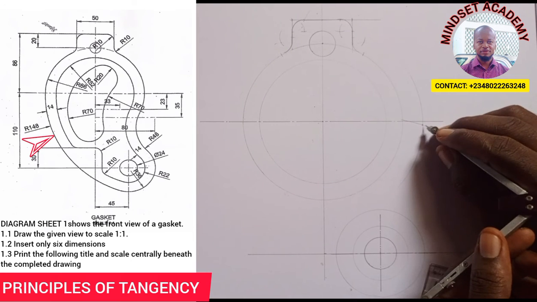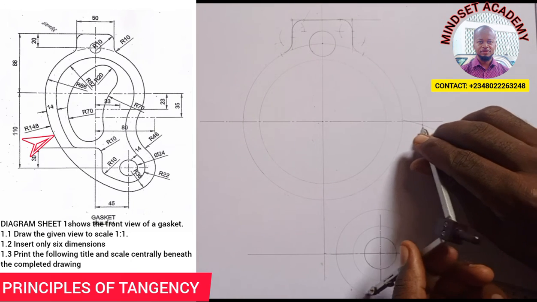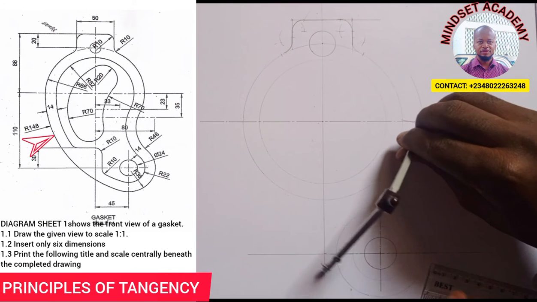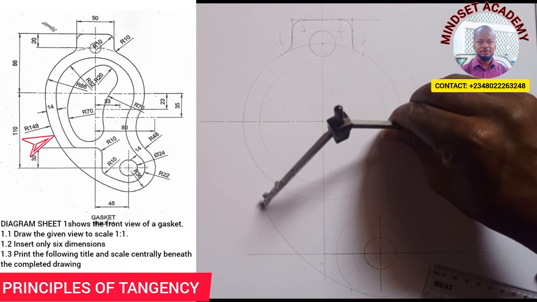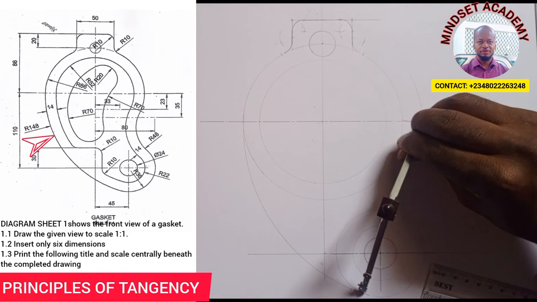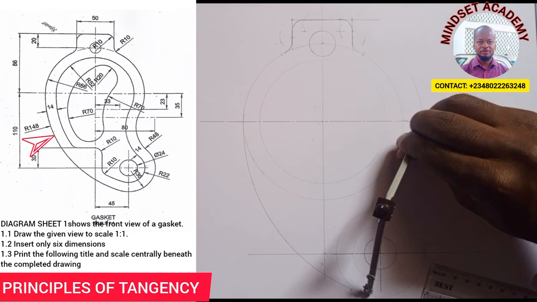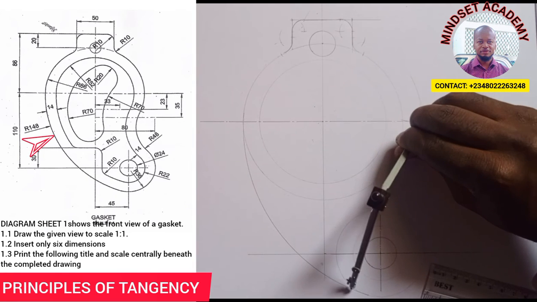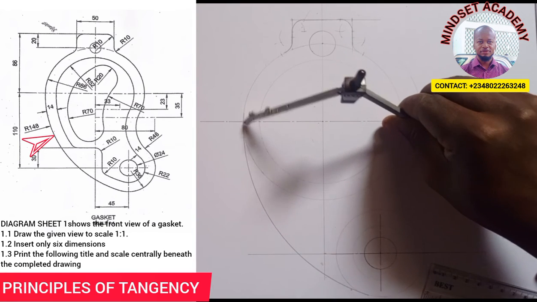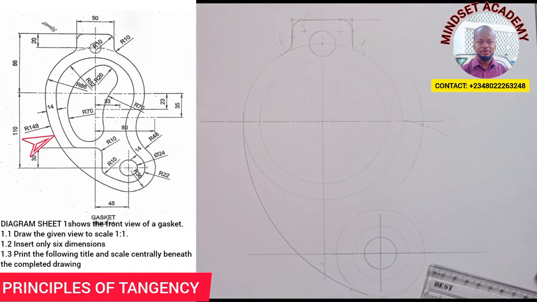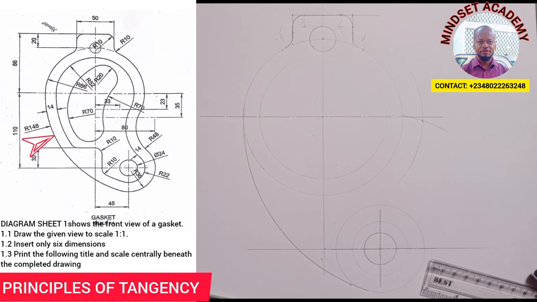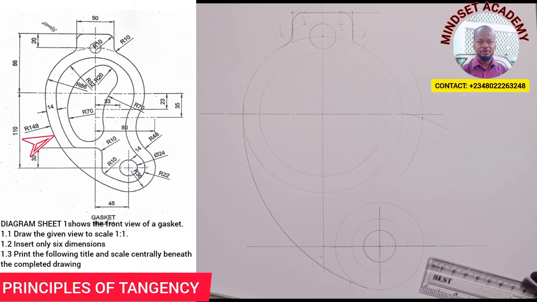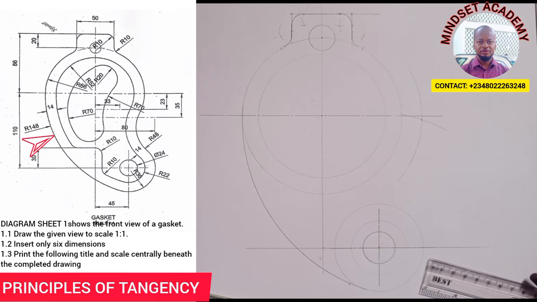From this point to this. So I'm going to thicken it. So it's going to meet. Hope you can see that. So that is the arc connecting those two circles. Right? So that's for that one.